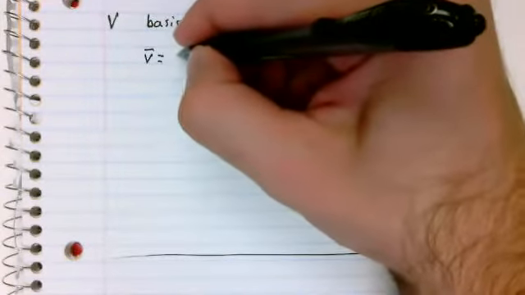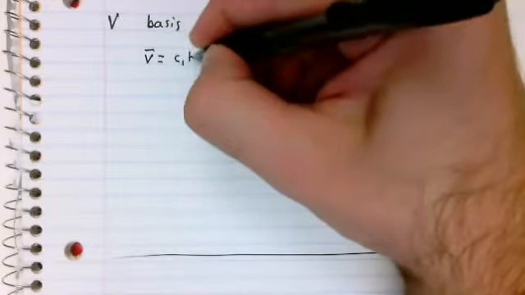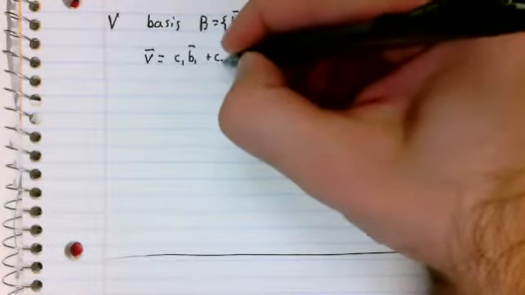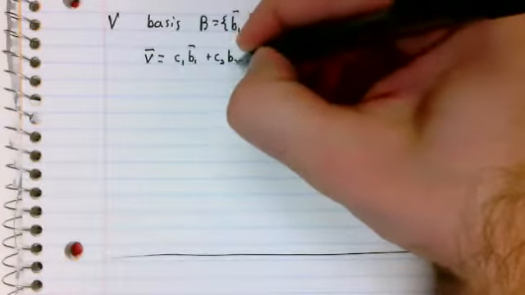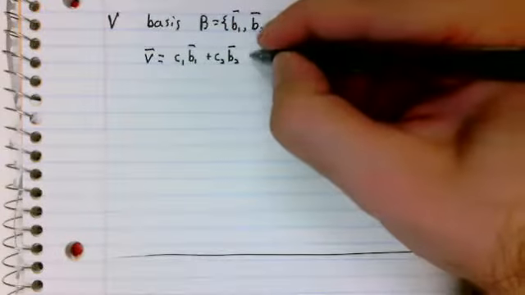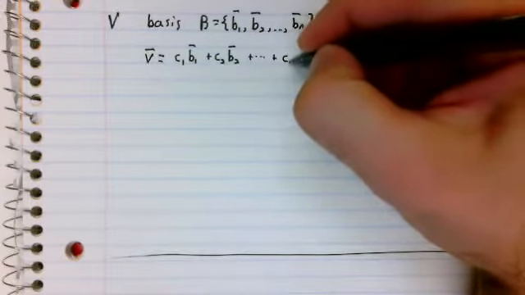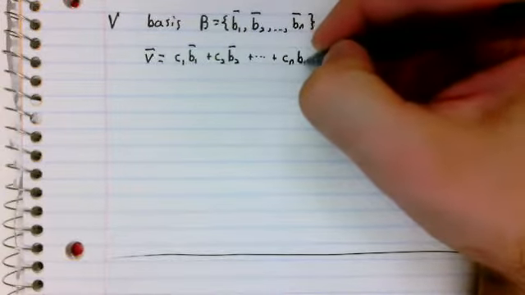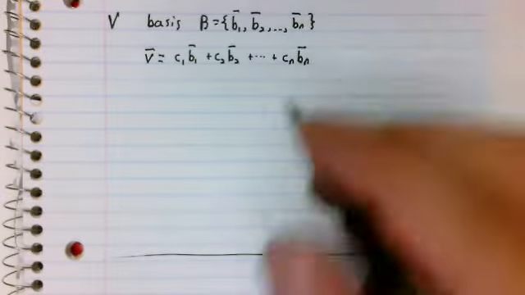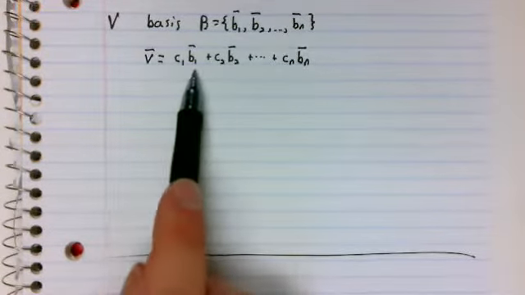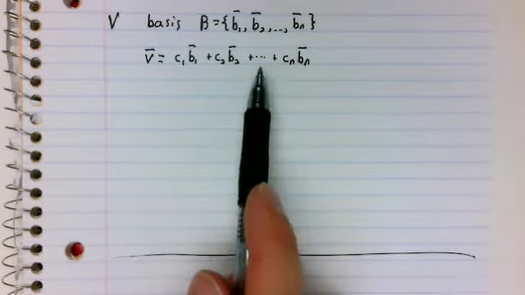And what we now know is that every vector in the vector space is a unique linear combination of the basis vectors. There's only one way of doing this.